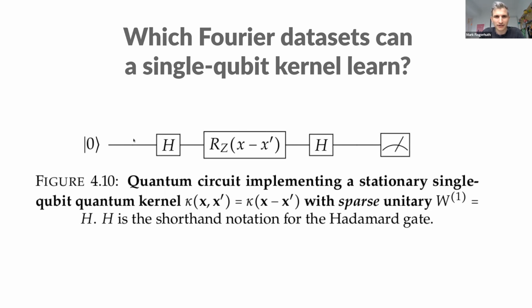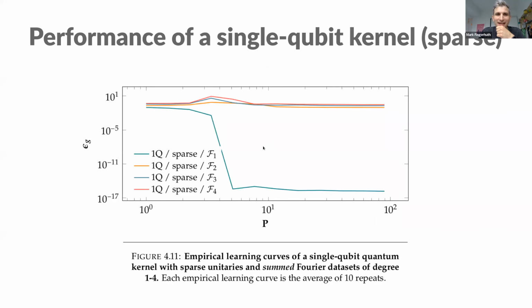It is made out of a single qubit, and it probably doesn't have a big Fourier spectrum. If we look at the empirical generalization error, so we're not computing any theoretical learning curves at this point, but simply looking at how the generalization error behaves as a function of the training data set size P, we can see that for these 4 different Fourier data sets, we only see learning happening in the case of Fourier degree 1.